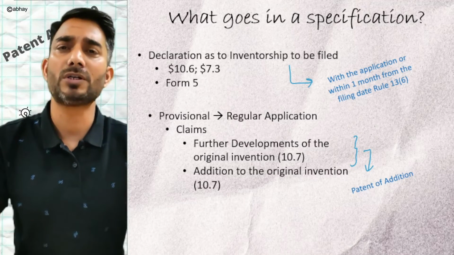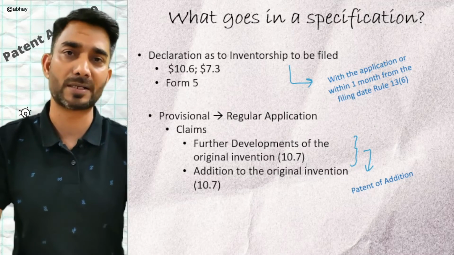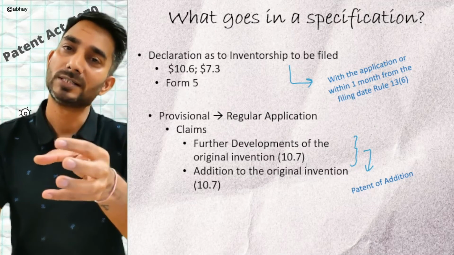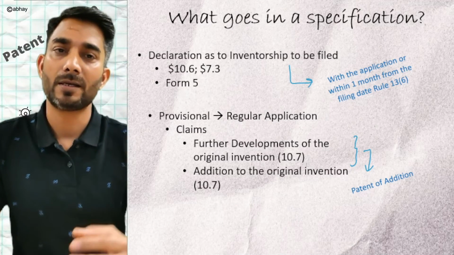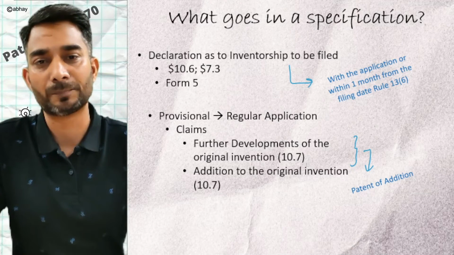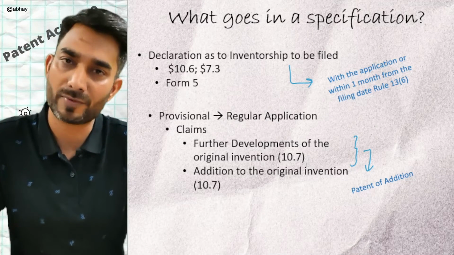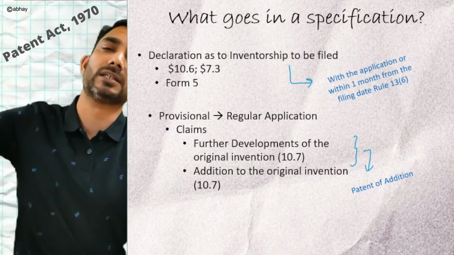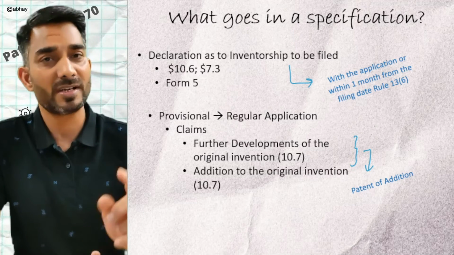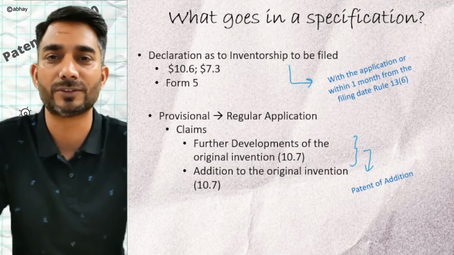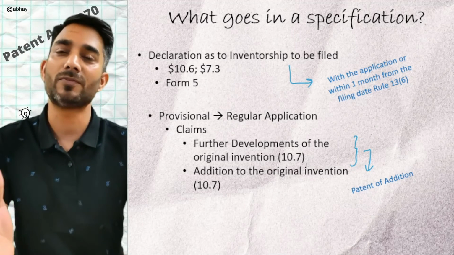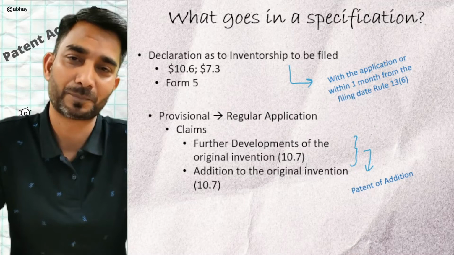So you are allowed to have claims, subject matter pertaining to such developments or additions to your earlier invention. And you can file further applications. This concept is known as patent of addition, where the priority date is taken back. We will discuss patent of addition when we get into the episode of discussing types of applications.